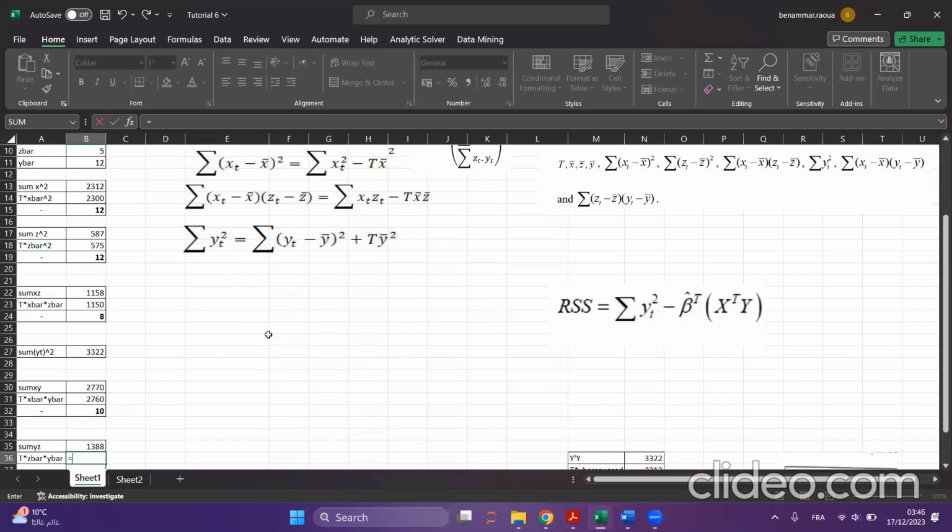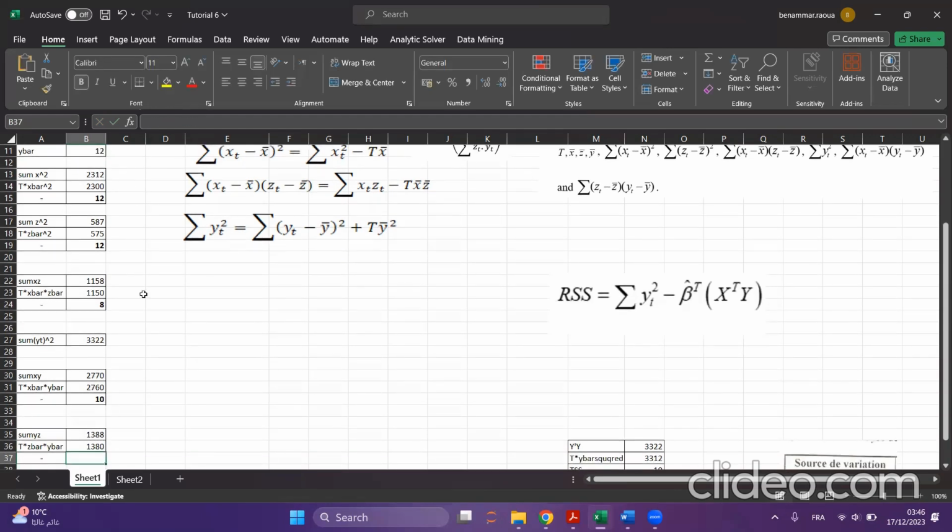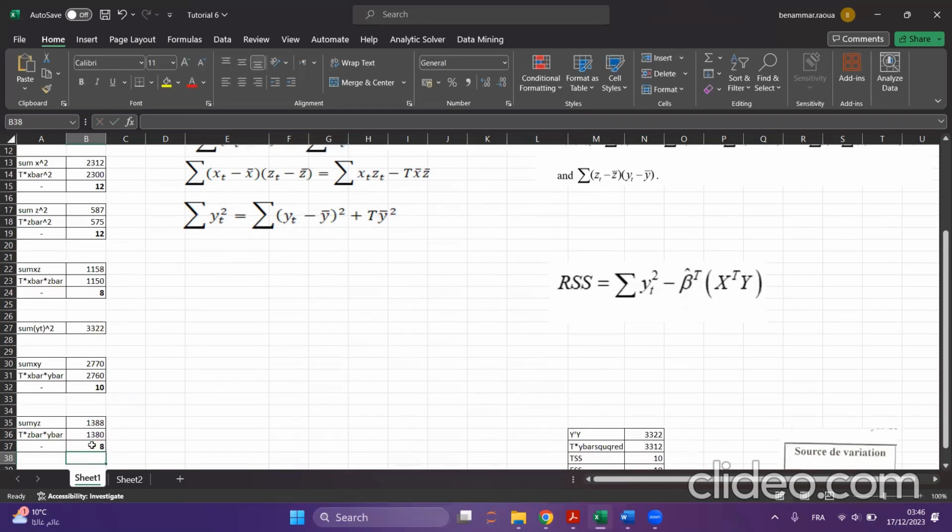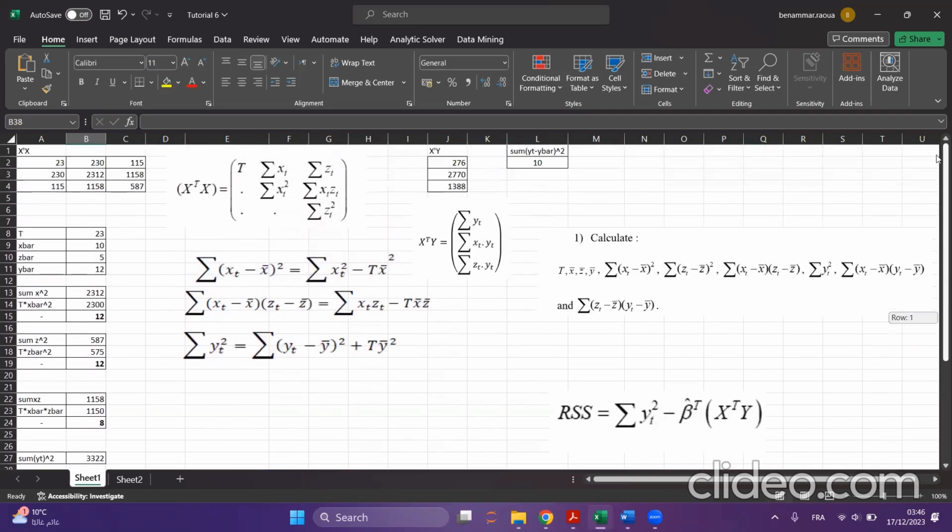And the second part is T times z bar times y bar. So it's 8. We have now finished the first question.